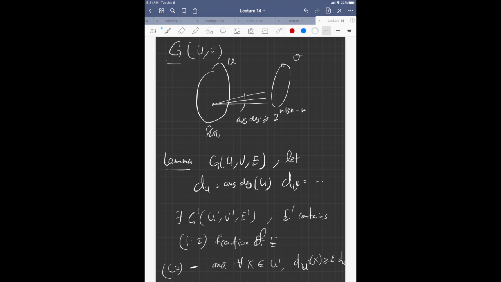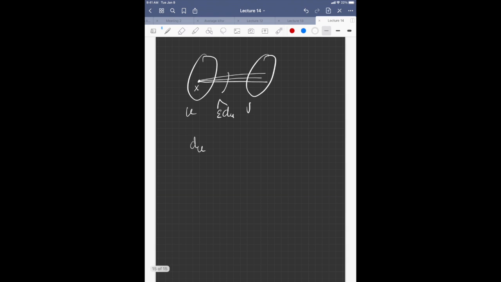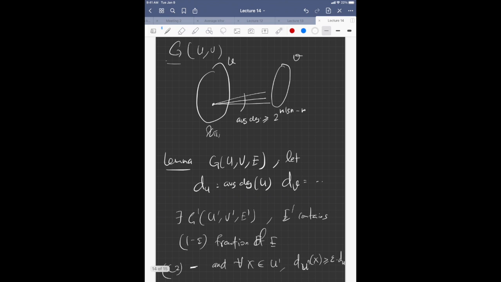Condition 2 is immediately satisfied just by throwing out all x's such that the degree of x in the original graph is smaller than epsilon d_U. Now I want to say that this also satisfies condition 1. Condition 1 says that by doing this pruning we only throw out some epsilon fraction of the edges in the original bipartite graph.